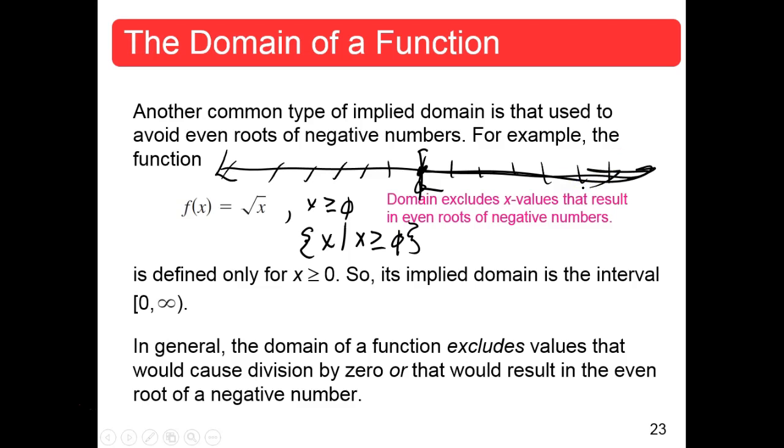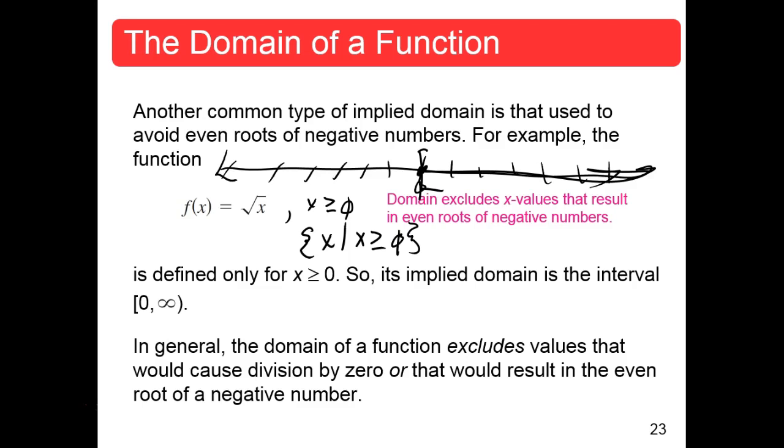From 0 to positive infinity, and because you do include the 0, you put a bracket. Does that make sense? Implied domain, there was nothing there that told us that except the square root symbol. That clued us in. In general, the domain of a function excludes values that would cause division by 0 or that result in the even root of a negative number.